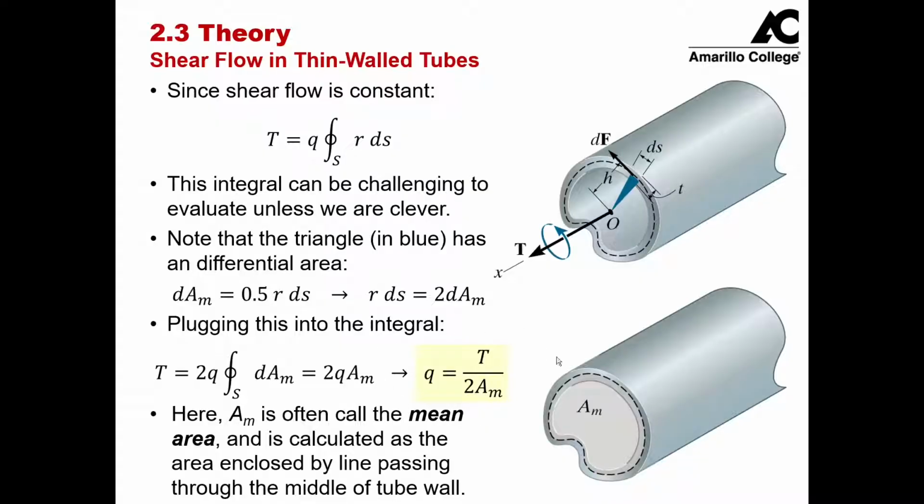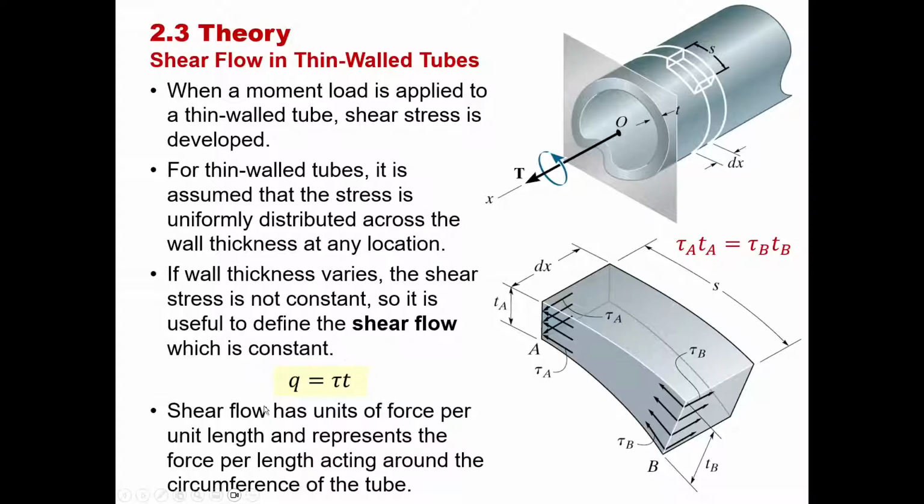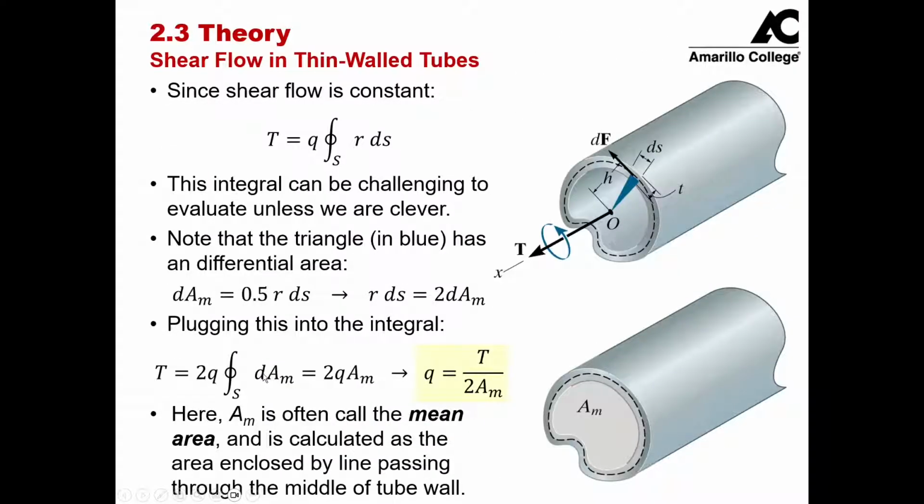And this is kind of the big takeaway that we have. We can use this equation right here and this equation right here, which is the definition of shear flow. We can then relate shear flow to wall thickness times the shear stress.